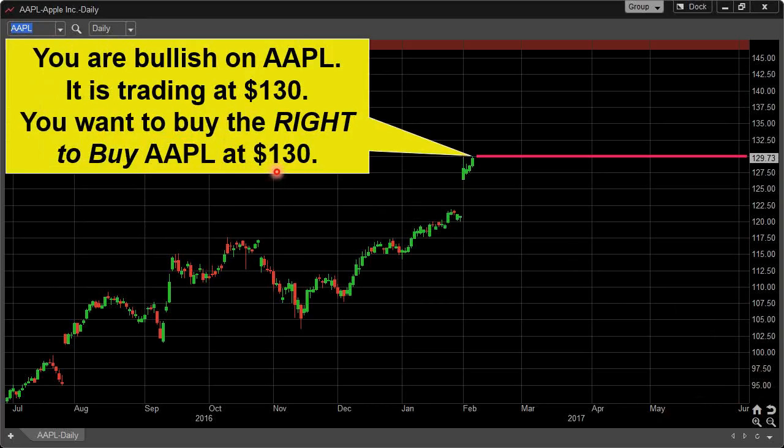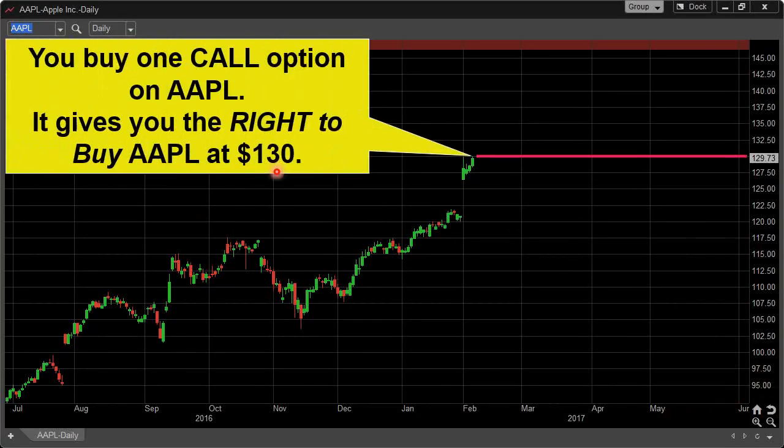To do that, we need options. So you would buy a call option. And remember, if you think back to that little 2x2 box, table that we drew, the buyer of a call has what? The buyer of a call has the right to buy the stock.